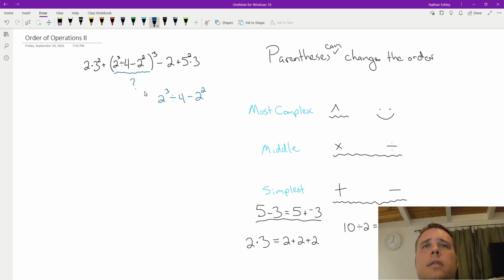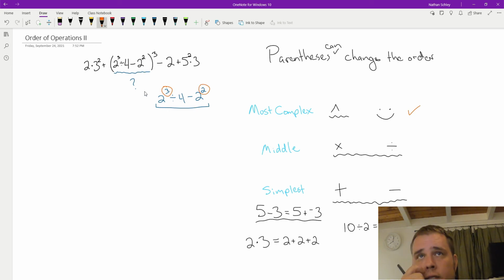Now let's just start with this and go through this natural order. There are no more parentheses here. So let's go through most complex to simplest and reduce the complexity here. Starting with the most complex, we have exponents.